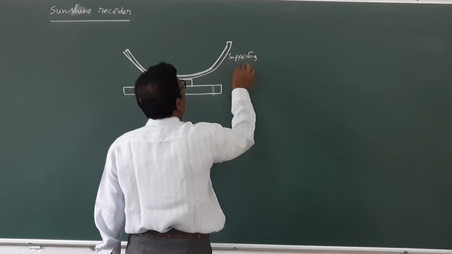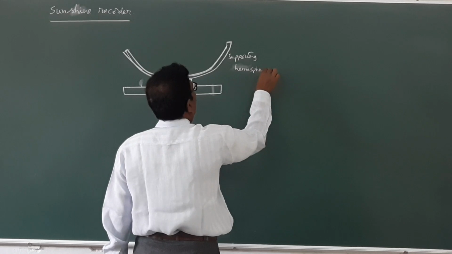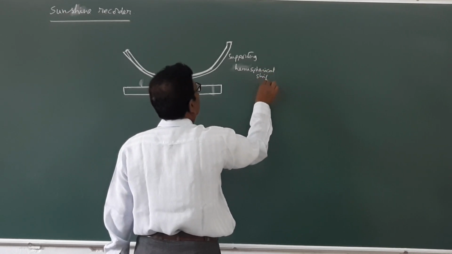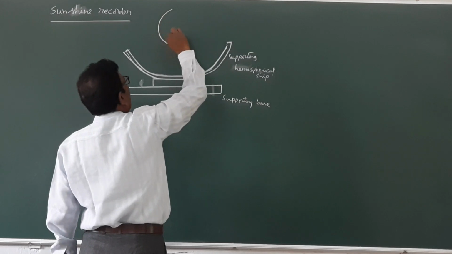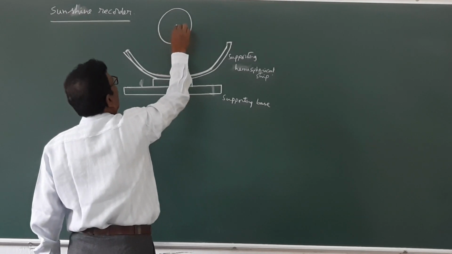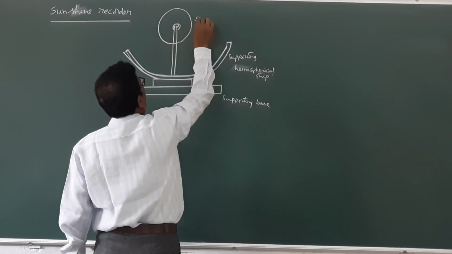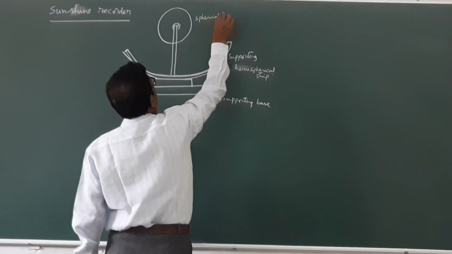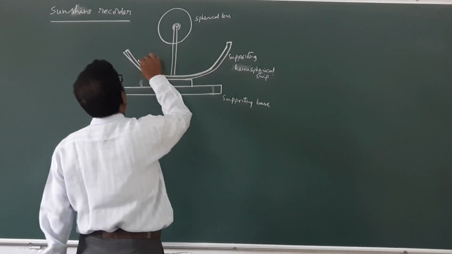This is the supporting base, the hemispherical strip, the spherical lens, and there will be a paper strip for this.